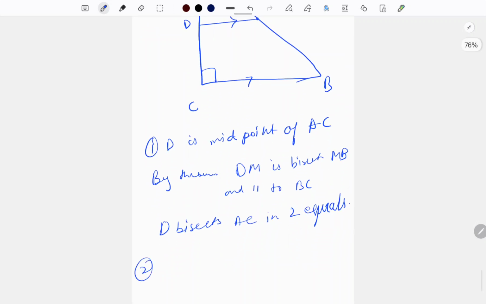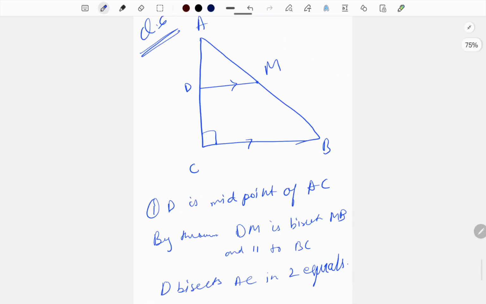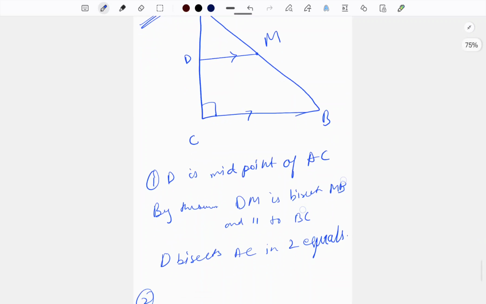दूसरा पार्ट, MD is perpendicular to AC. Yes, because MD is parallel to BC.